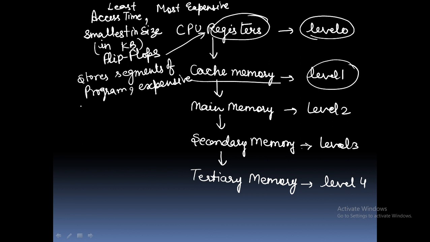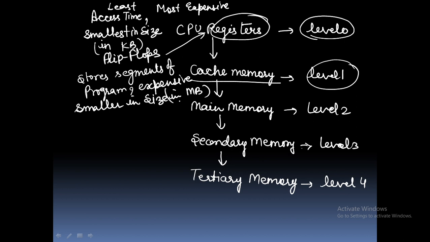So these are smaller in size but in MBs, not in KB, because CPU registers are smaller than cache memory.